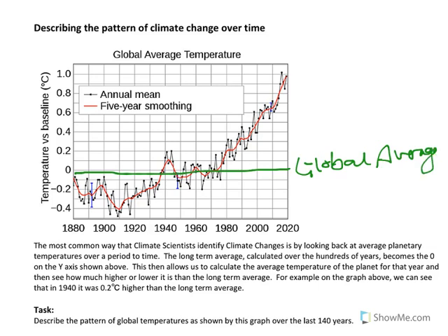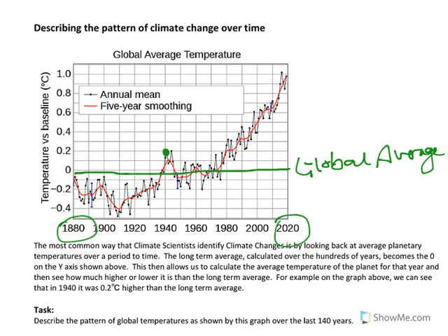When our temperature is above that, like it was in 1940, it is 0.2 above the global average. What we can then do is get the overall average temperature of our planet every year from 1880 all the way to 2020, and for every year we can see whether it was above or below this global average. That allows us to see whether it's changing over a long period of time.